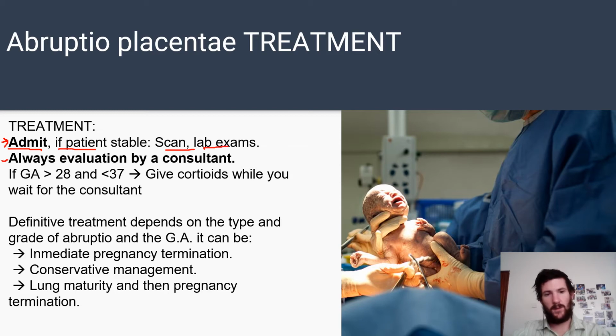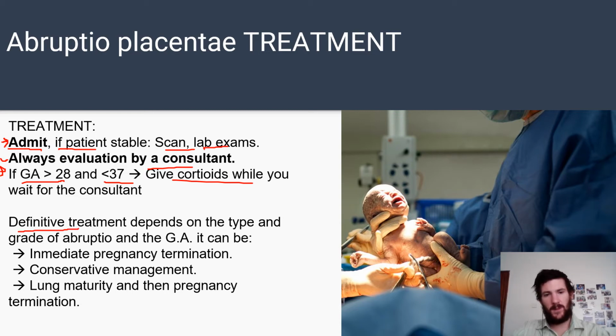Always get the evaluation by a consultant, because he takes the important decisions. And if the gestational age is above 28 but below 37, give corticoids, because this mother maybe will have to deliver very soon. So it's important to give corticoids while you wait for the consultant, and while you wait for the consultant it's also important to have the lab exams.